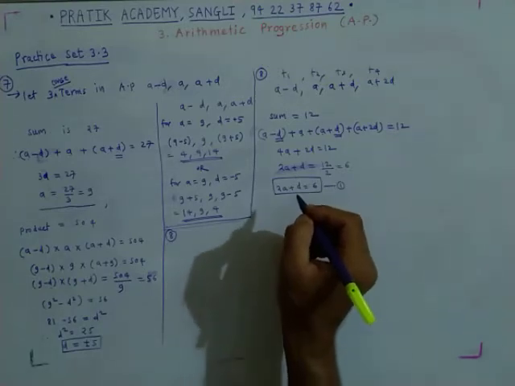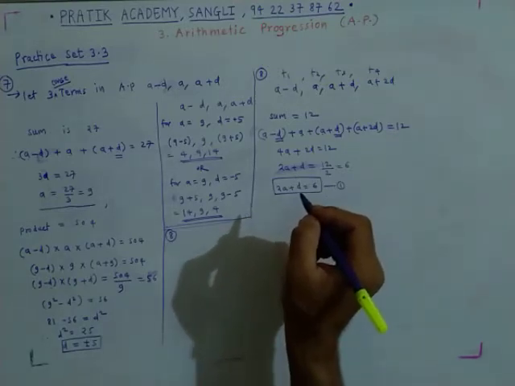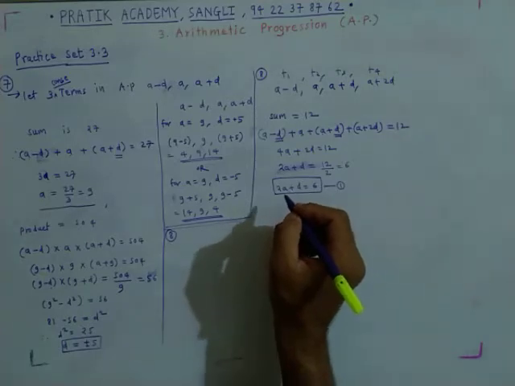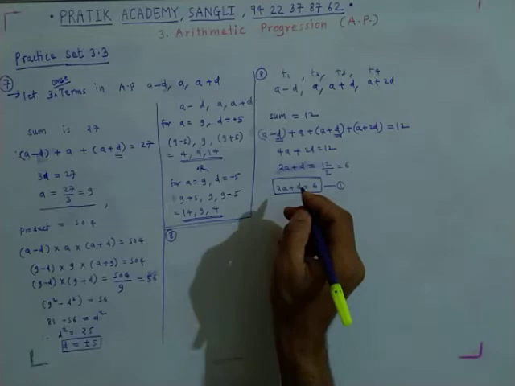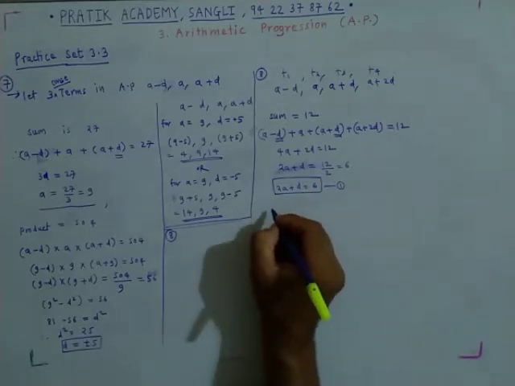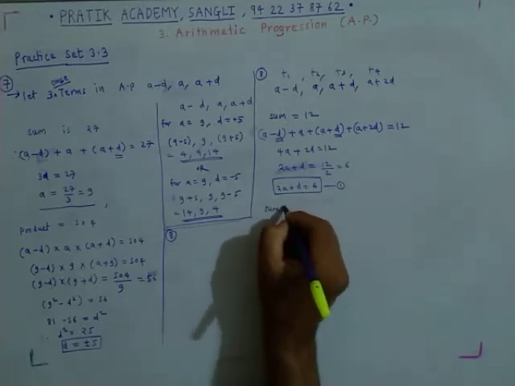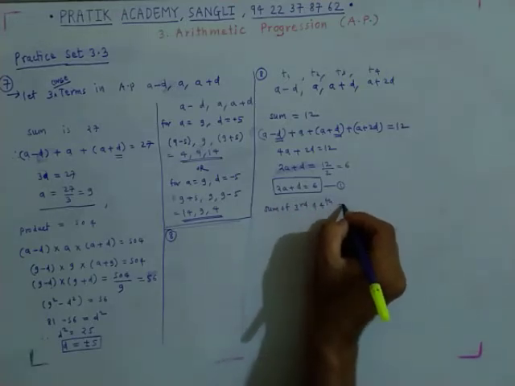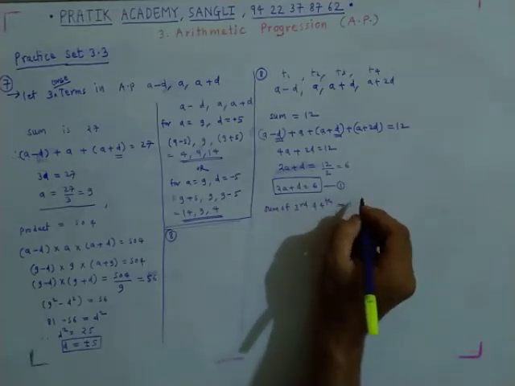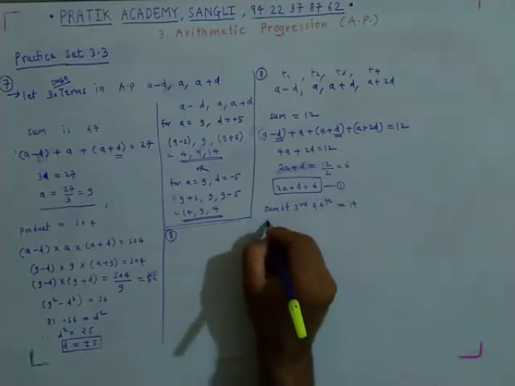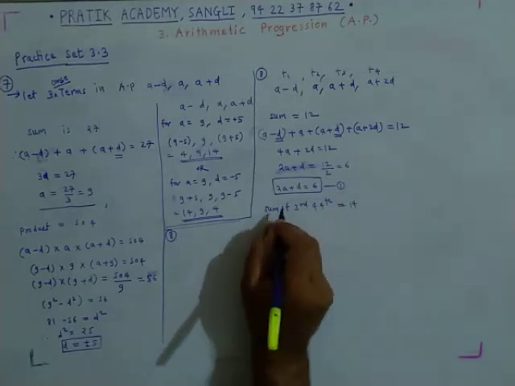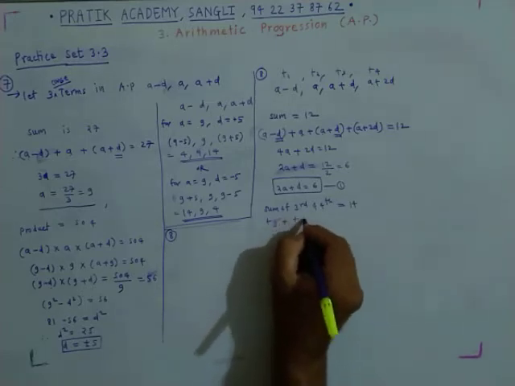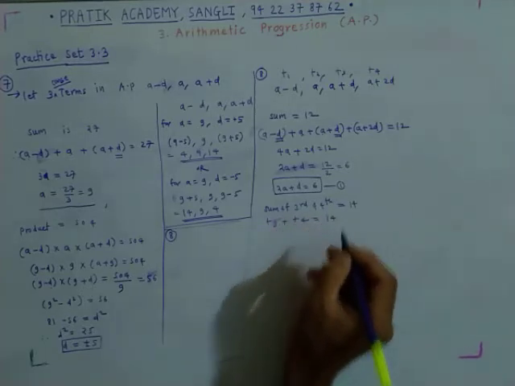Then the sum of the third and fourth terms is 14. The second condition is that the sum of the third and fourth terms is 14, so we use t3 plus t4 is equal to 14.